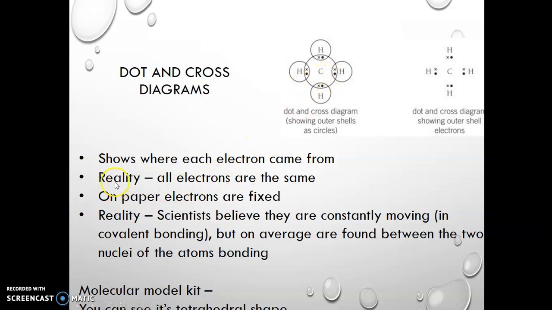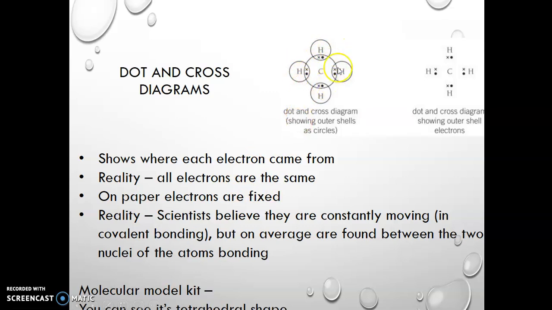Okay, the reality of it is that the electrons aren't dots and crosses. Okay, obviously all electrons are the same, but they are represented differently to show that they are being shared. 2 different representations of the electrons in order to show that the electrons have come from both atoms in each case. So they are being shared between the 2 atoms.